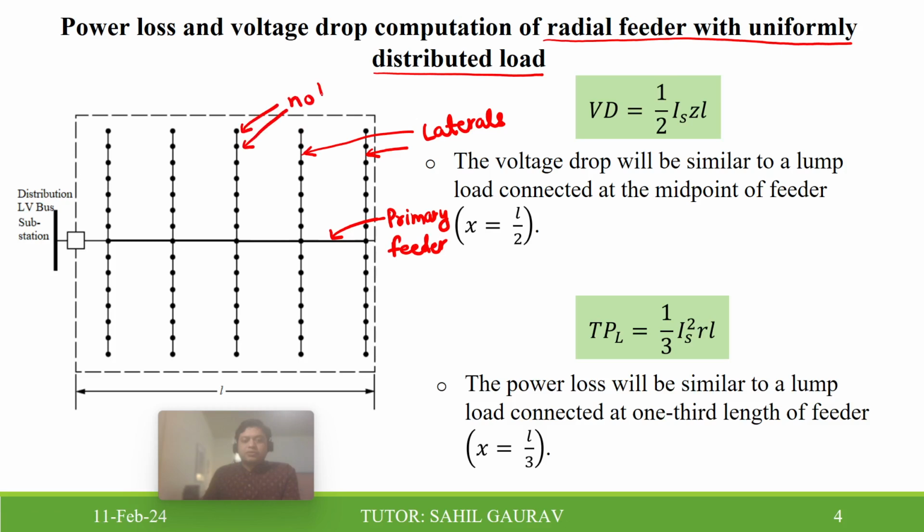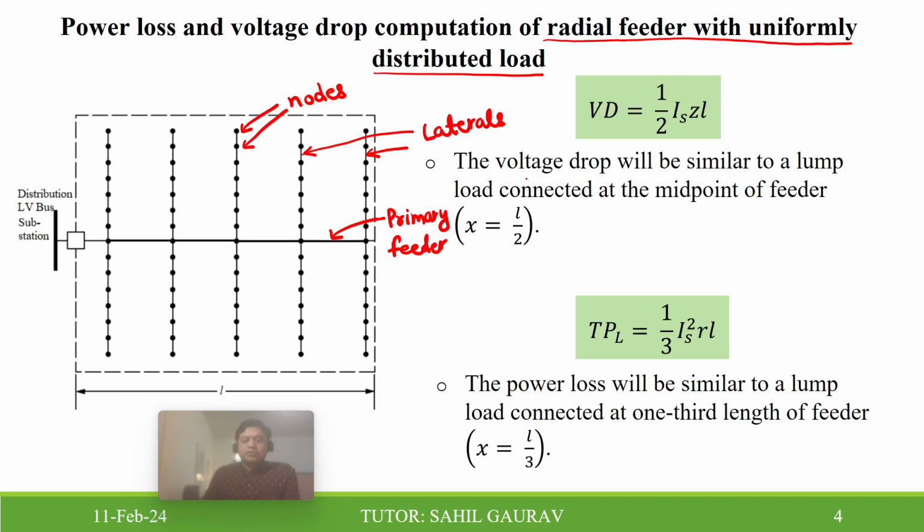These are the nodes. So we can see that the loads are distributed in the radial feeder in a uniform way. If you compute voltage drop and power loss, the voltage drop will be half of ZL.